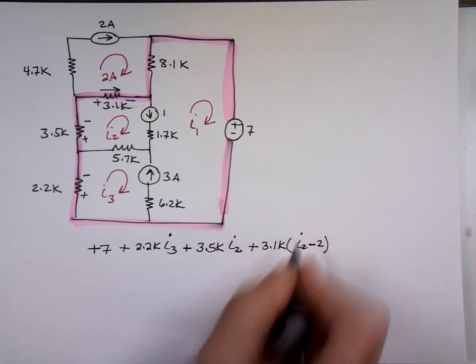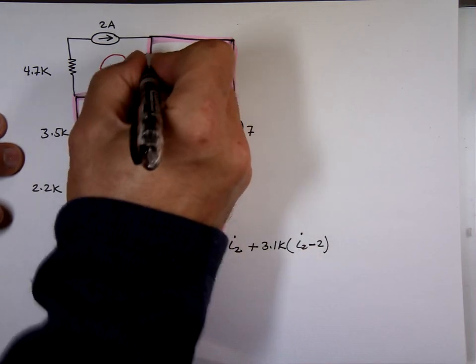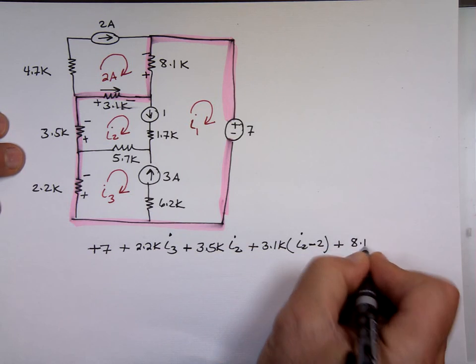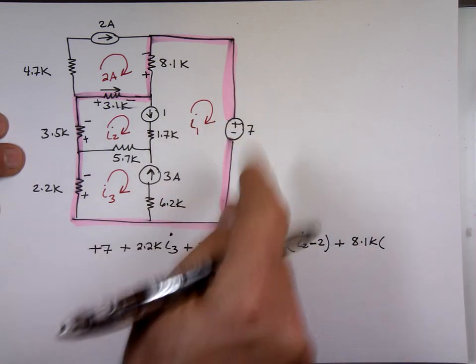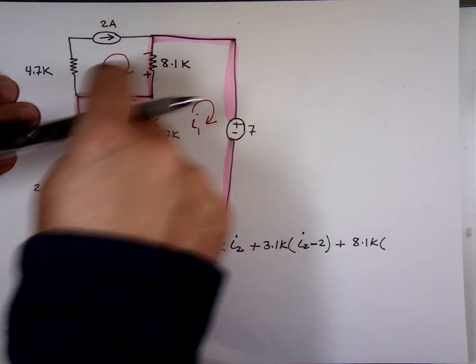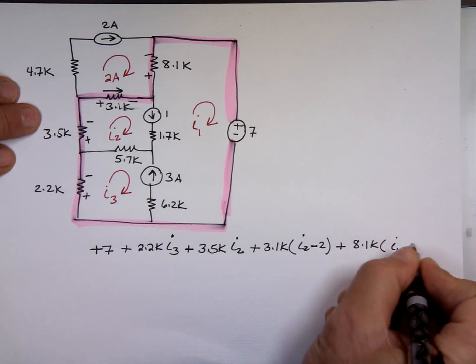Let's continue. We're going to go up, plus to minus. I need the current going up. 8.1K. And what's the current up there? I sub 1 pushing up and 2 amps down, right? I sub 1 minus the 2, not I sub 2, the 2.